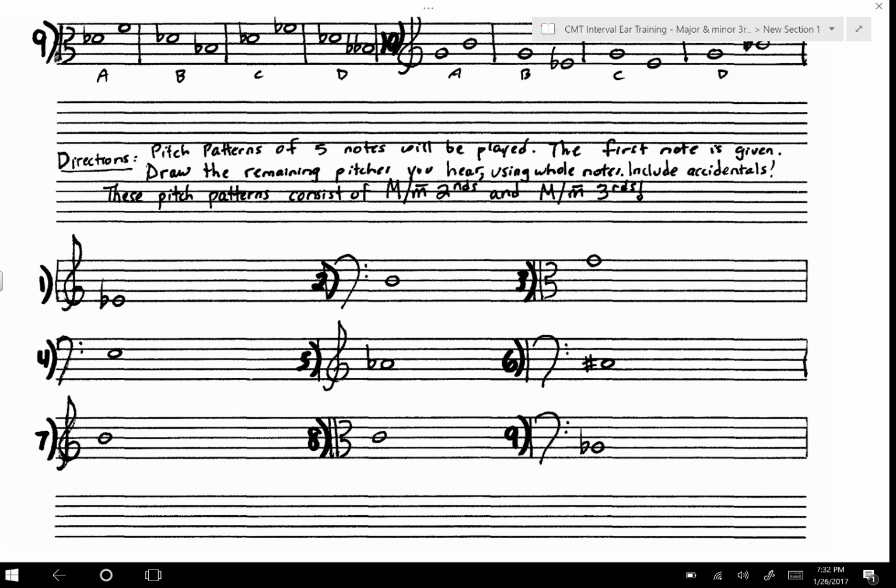Pitch pattern number 8. And pitch pattern number 9.